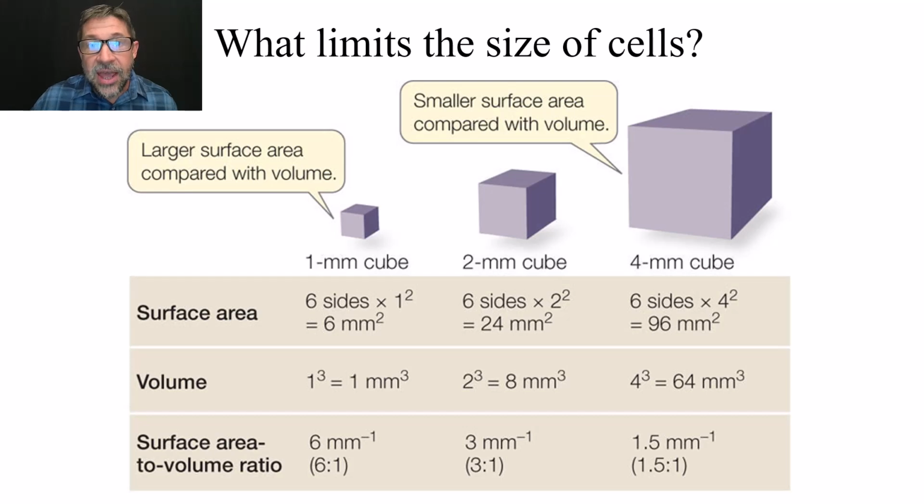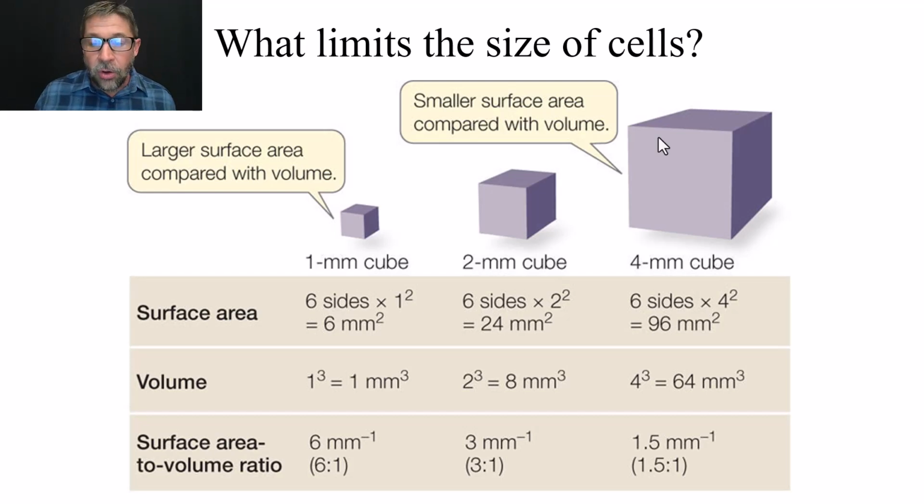Now, let's scale up the size of our cube. So now one of the edges is 4 millimeters. Okay, in order to get the surface area of this one side, it's going to be 4 times 4, which gives us 16 millimeters squared. 16 times 6 gives us 96 millimeters squared of surface area, because we're multiplying. So the surface area went up, just like we would expect, right? As the size of the cell increases, the amount of surface also increases.